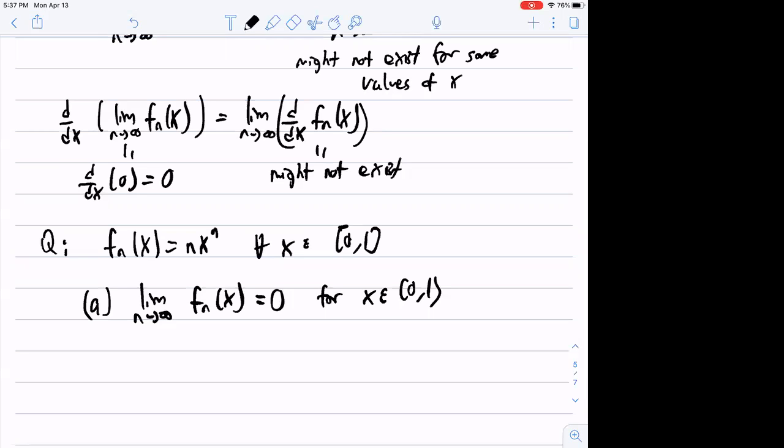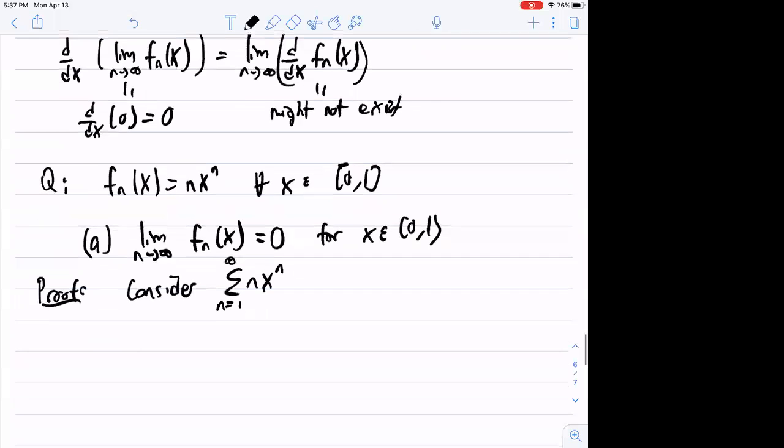But if you're not convinced, I mean, this is hard, because you're multiplying by n. So if not convinced, let me prove formally that this limit's 0. One trick you could do is consider the sum of n x to the n.